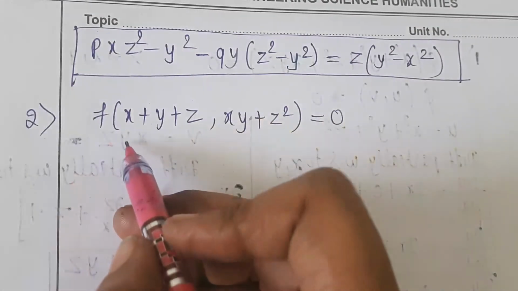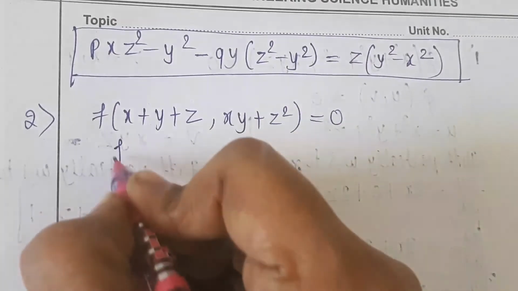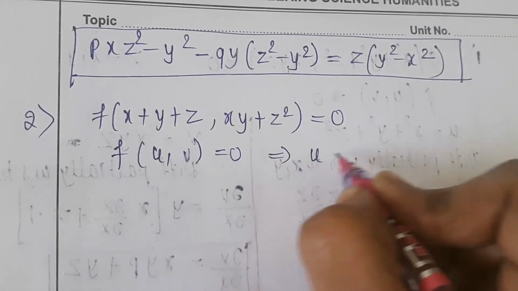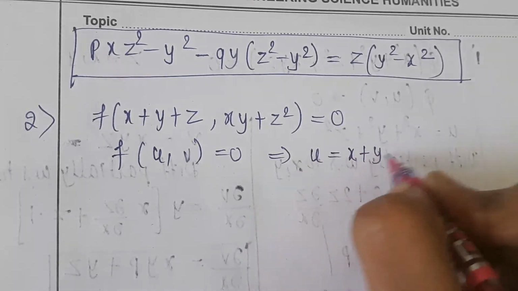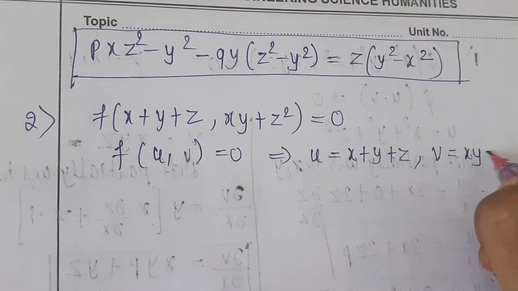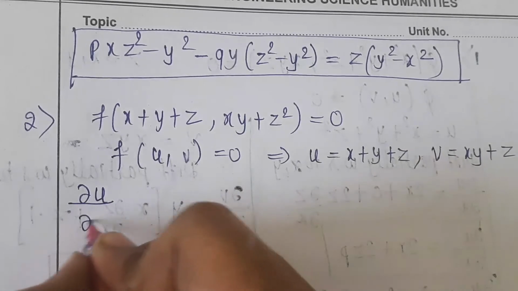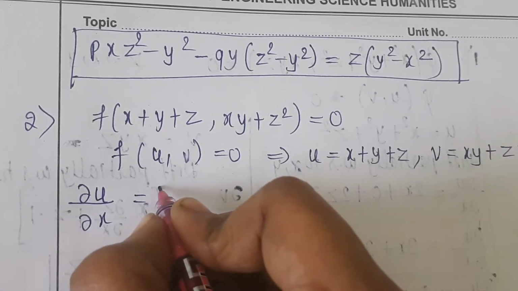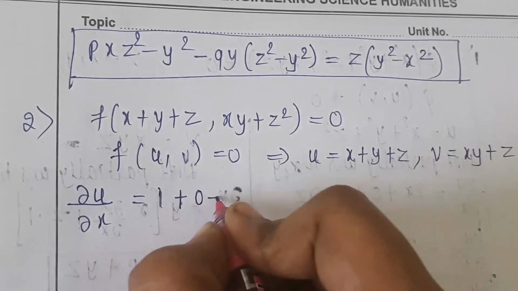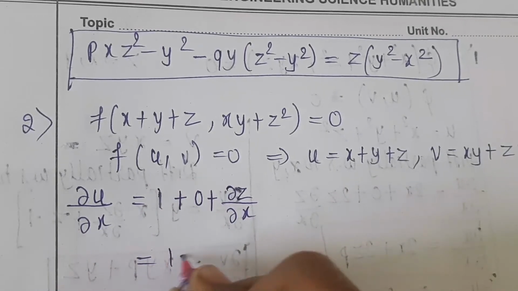A second example is f of x plus y plus z and xy plus z square is equal to 0. So we denote it by f of u, v is equal to 0. Now what is u? u is x plus y plus z, and v is xy plus z square. So differentiate u with respect to x. Del u by del x is 1 plus y derivative 0 plus z derivative del z by del x, which is equal to 1 plus p.